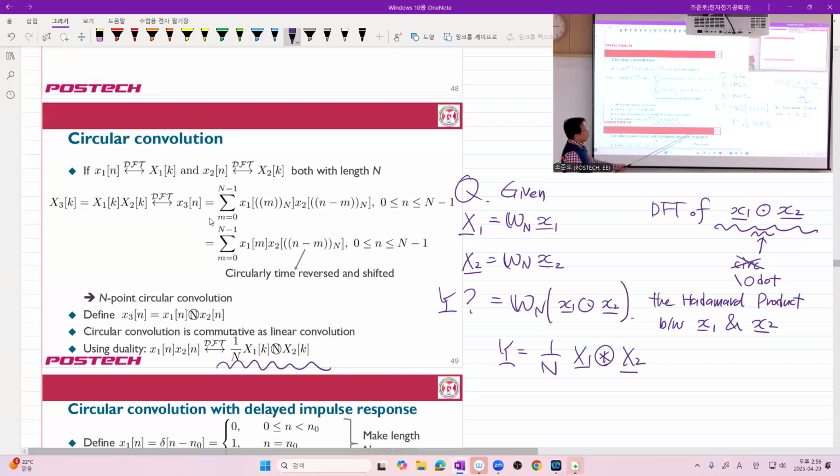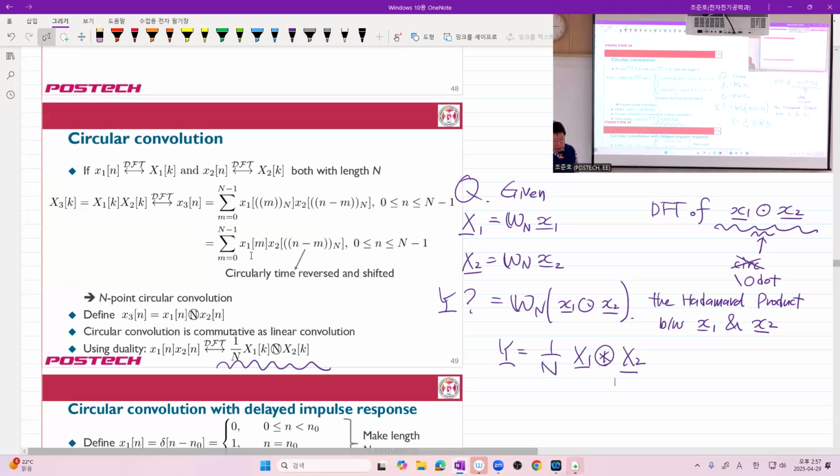By the way, you know the circular convolution of two continuous time signals of the same period, and you know the circular convolution of, for example, two DTFTs of some signals. Now, here we have circular convolution, where N means length, and it is the circular convolution of two length N vectors.